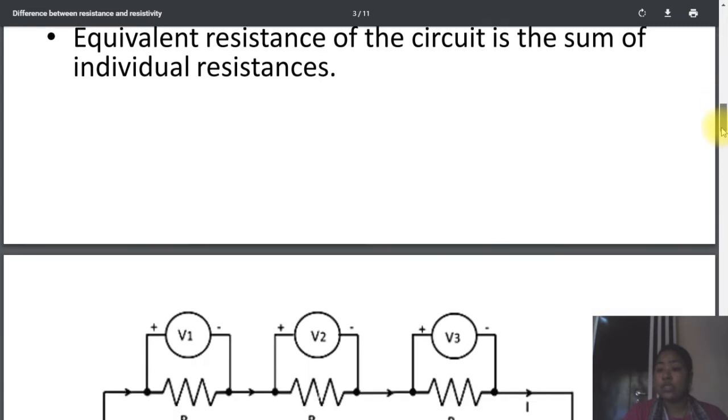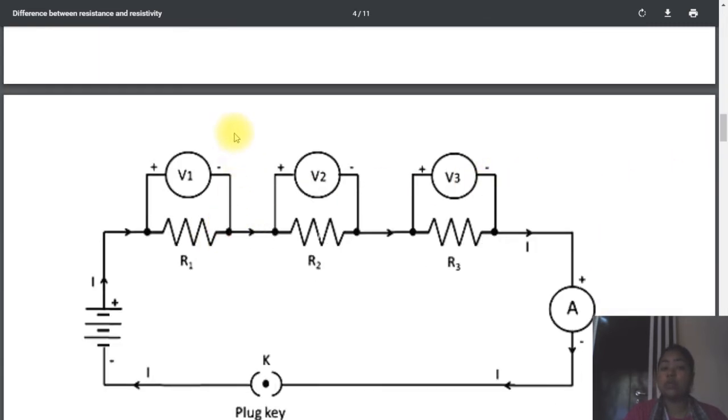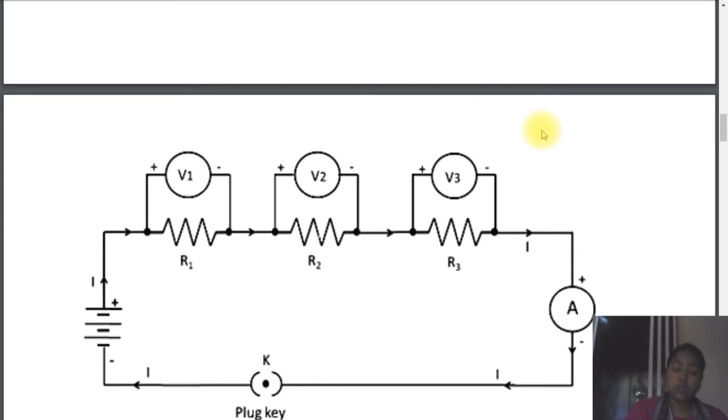Now the potential across all the resistors is represented by capital V, and that will be equal to the sum of the potential differences across all three resistors, that is V equals V1 plus V2 plus V3.